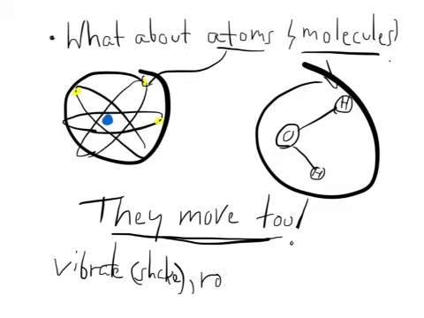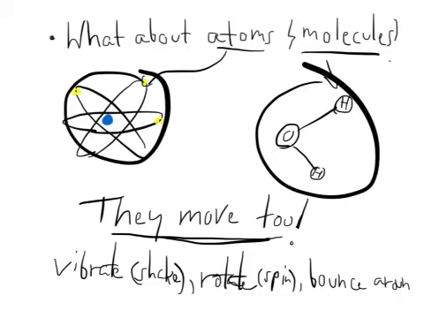They rotate, or spin. And in some cases, they bounce around, hitting each other, hitting container walls, and all that stuff. So, even the things that we can't see are in constant motion. So there's a lot of kinetic energy out there. We just can't see it all.